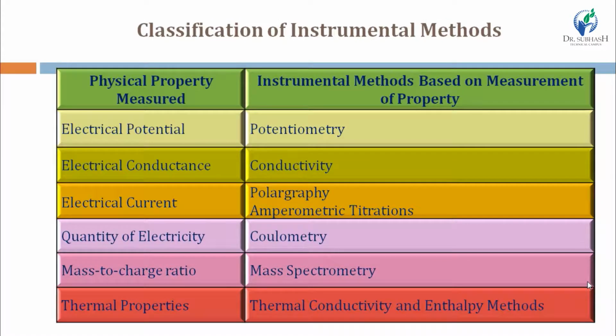Continuing, electrical potential is measured in potentiometry. Electrical conductance is measured in conductometry or conductivity. Electrical current is measured in polarography and amperometric titration. Quantity of electricity is measured in coulometry. Mass to charge ratio is measured in mass spectrometry, and thermal properties are measured in thermal conductivity and enthalpy methods.